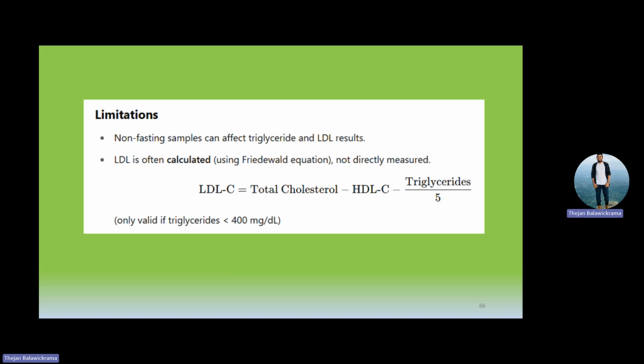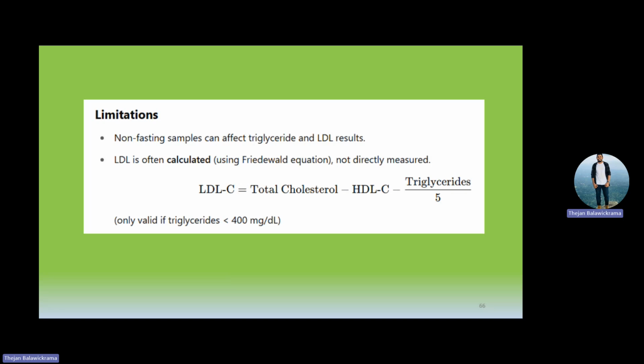Well, speaking of the low density lipoprotein level, this is how we do the calculation. We have the total cholesterol. We subtract HDL and the triglyceride level divided by 5. This is the calculation for LDL count.